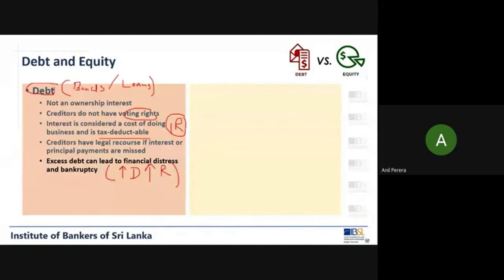In finance, we say more debt means you have large leverage. In other words, you call it debt to equity ratio. You measure leverage by debt to equity ratio. So compared to equity, if you have more debt, which means your leverage is really high, that indicates you are more risky.